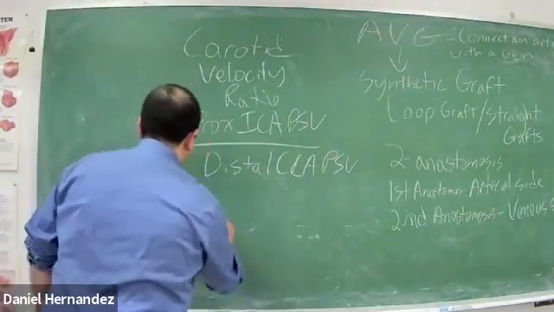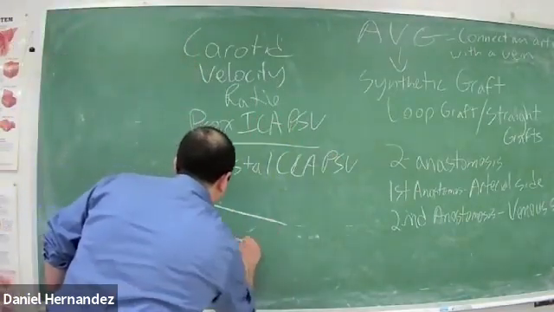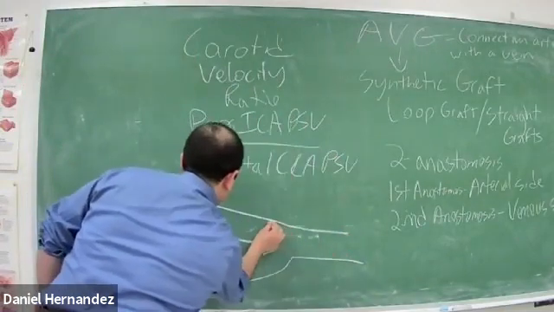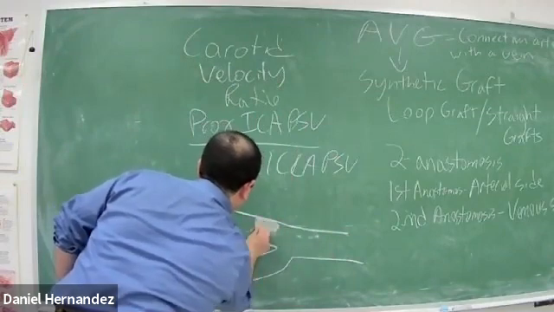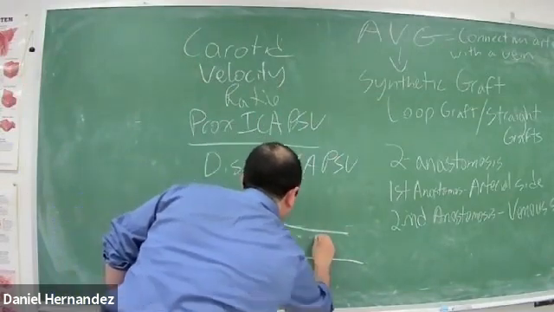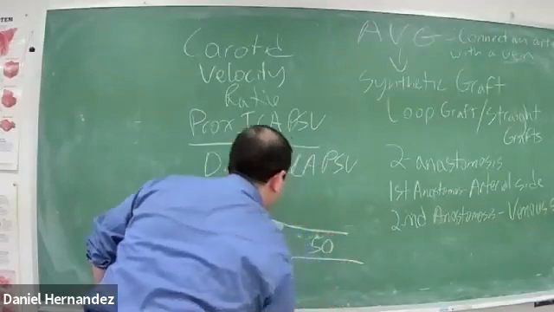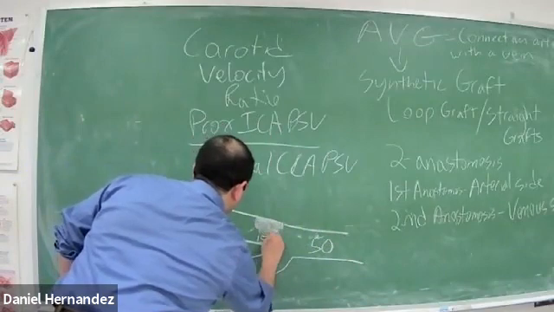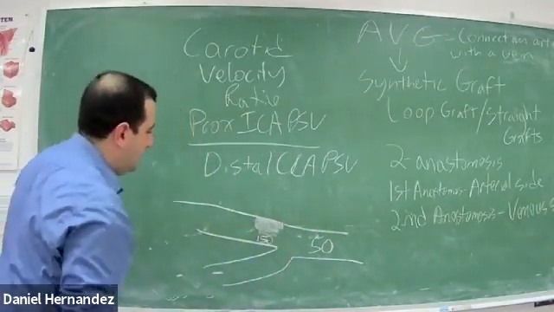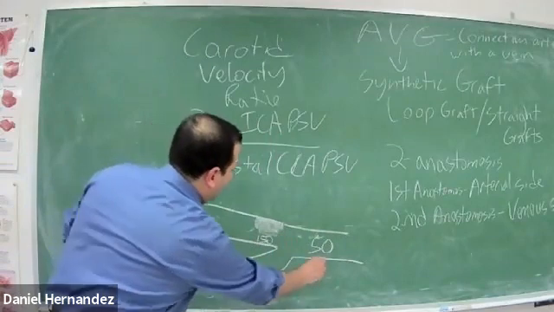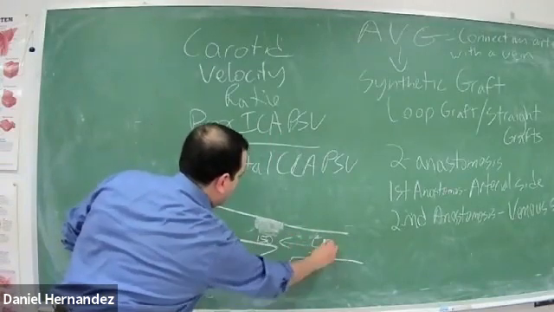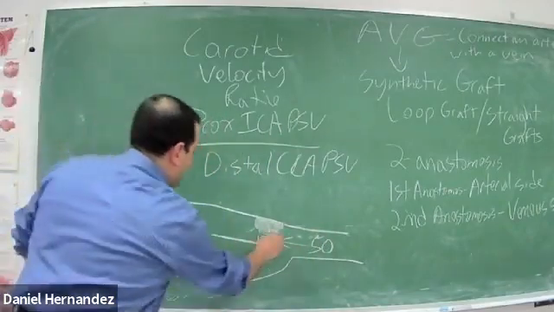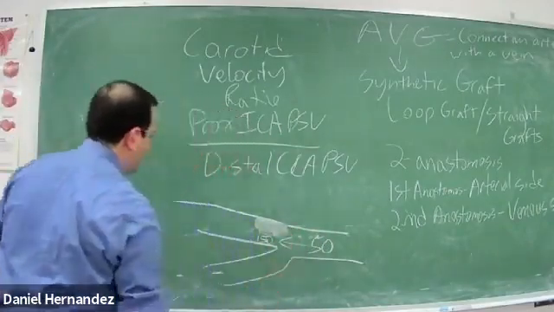If we have our stenotic lesion, our blockage here, and this is our distal CCA with a velocity of 50, and we measure over here and say we're getting 150, this ratio tells us how fast the blood is accelerating from our distal CCA to that proximal ICA and stenotic lesion, because this is where most of our plaque is going to be, in that bulb.